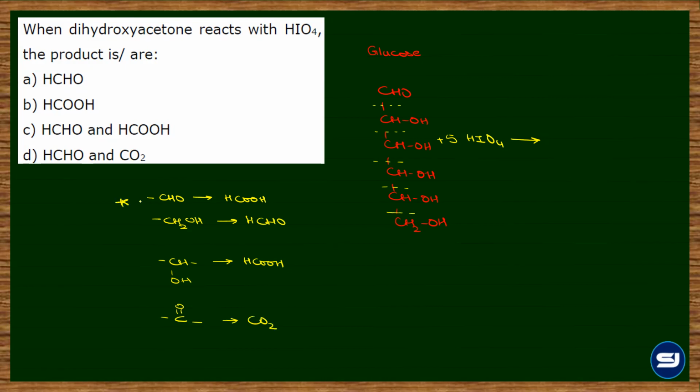So with this trick, you can understand that the aldehyde group will give you formic acid. Even all 4 secondary alcoholic groups will give formic acid. So there will be 5 moles of formic acid and primary alcohol changing to formaldehyde. This is how you identify the products.